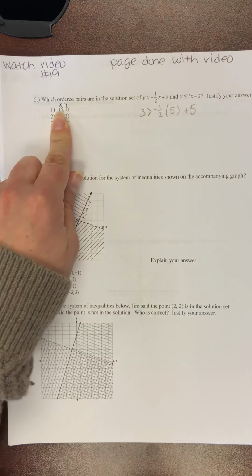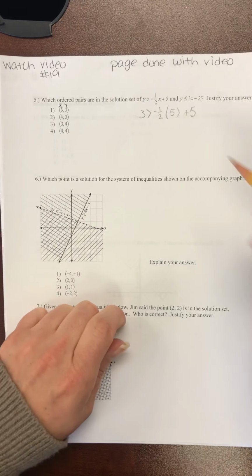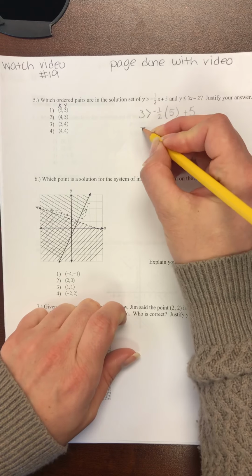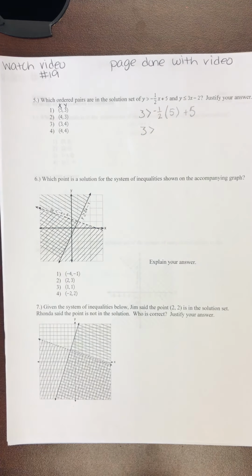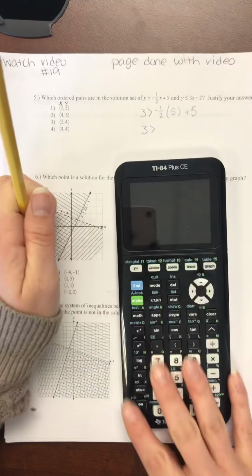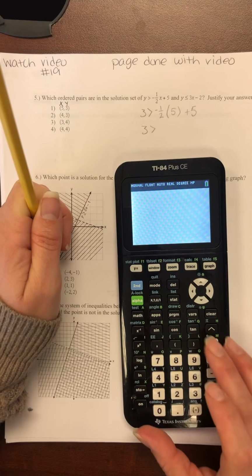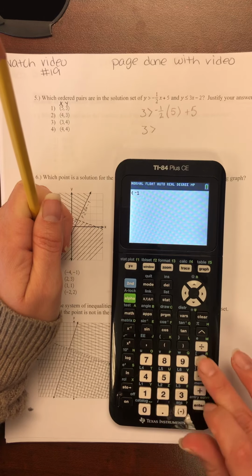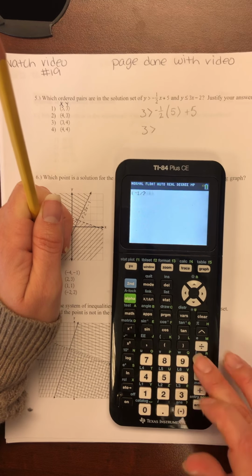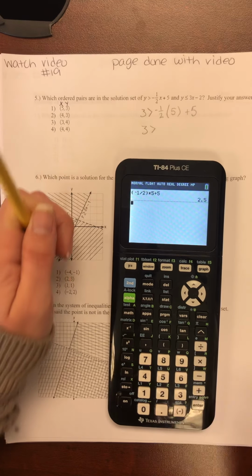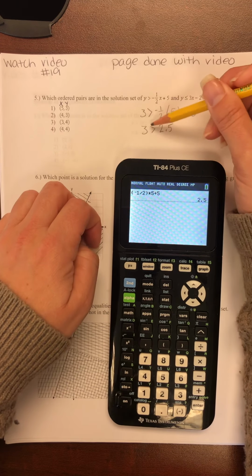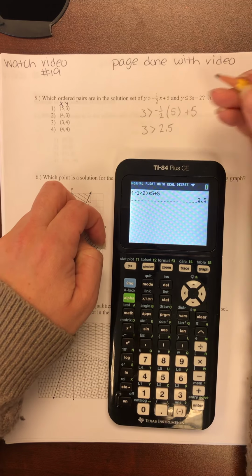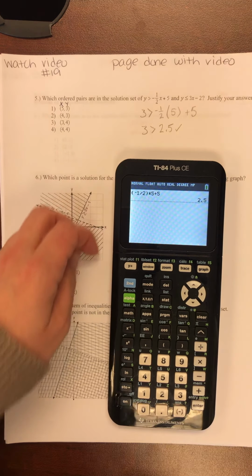Remember, when we're doing fractions in our calculator, we're using parentheses. So -1 divided by 2, close the parentheses, times 5, and then plus 5, I get 2.5. So is 3 greater than 2.5? Yeah, it is.